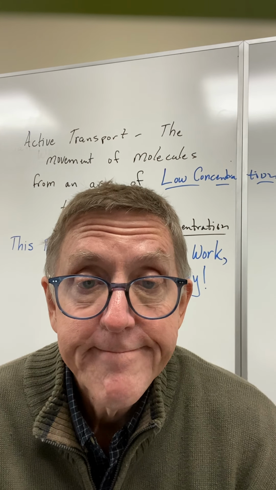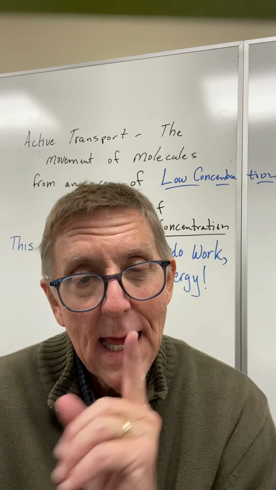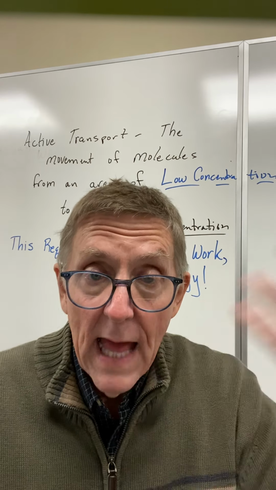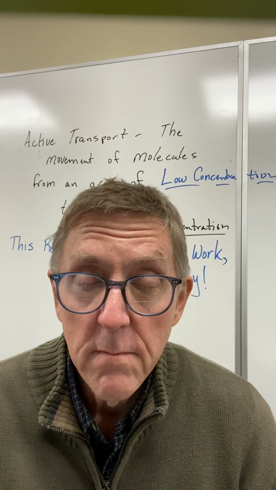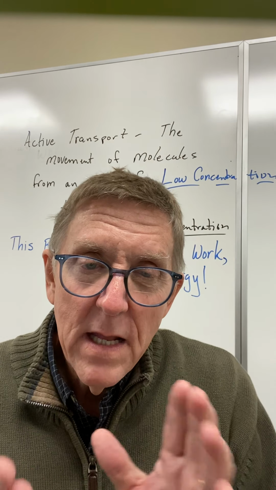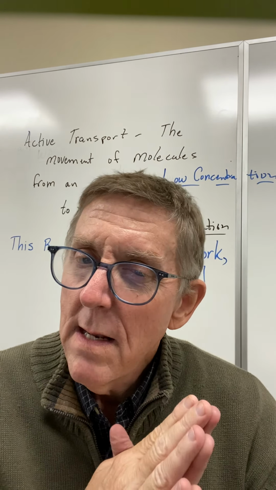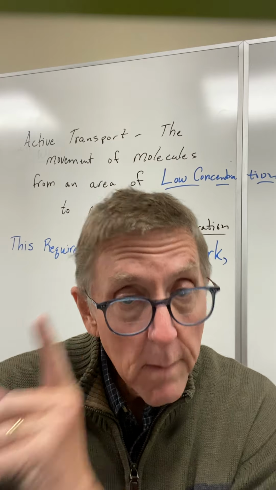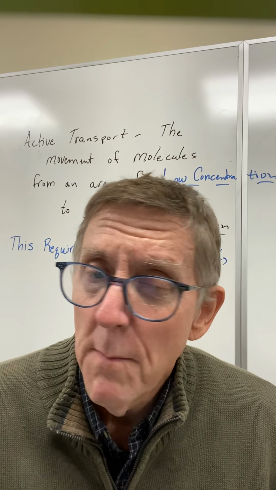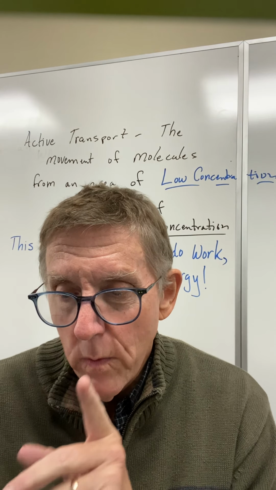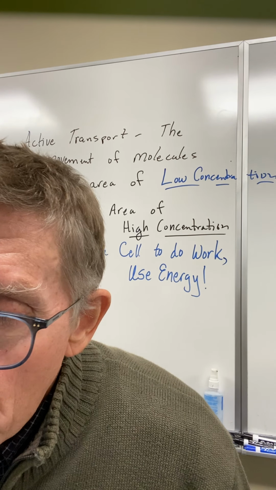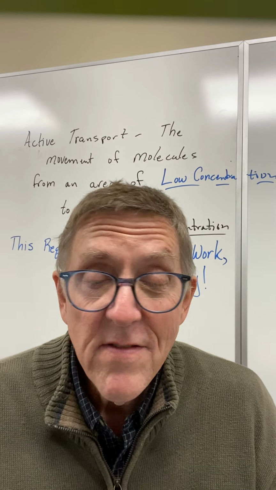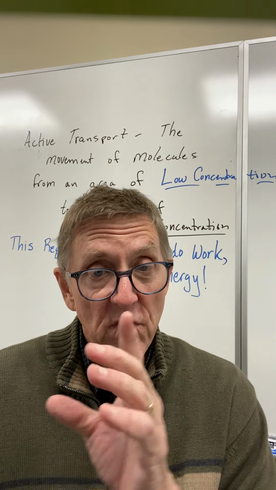What about AIDS? When we talk about AIDS, how do you catch it? Well, sex, right? It's transmitted sexually, and yet what does it infect? Blood cells. So it has to get from there into the blood cell. So what happens is we have something called transcytosis. Transcytosis is a combination of endocytosis and exocytosis.